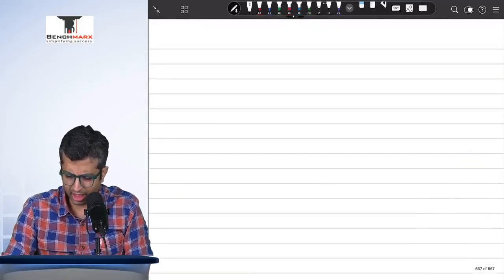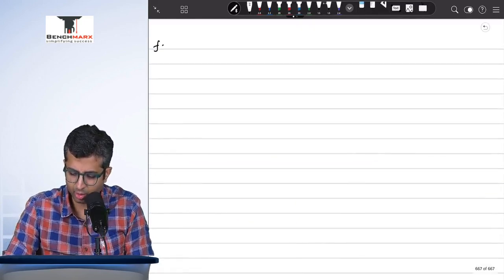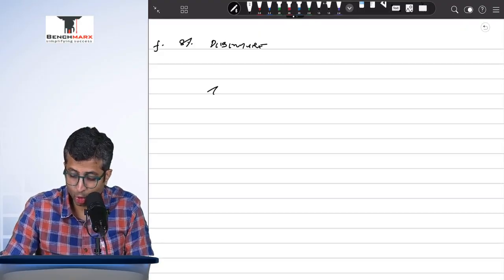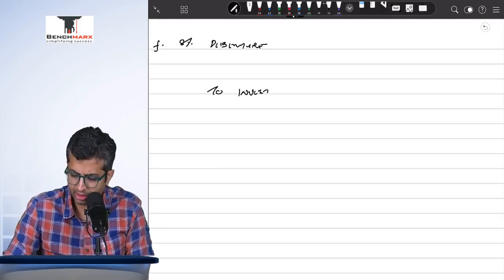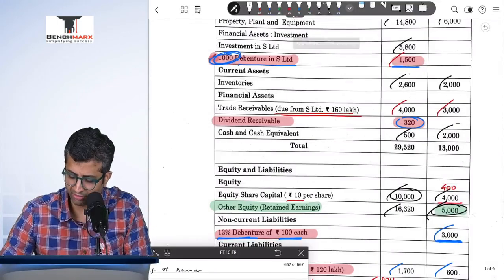So when I eliminate the liability over here, let's say there is an 8% debenture that I will eliminate, and the investment in debenture I will also eliminate. Now investment in debenture will be eliminated to the extent of 1500 that I've invested.